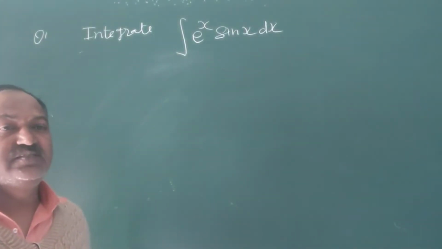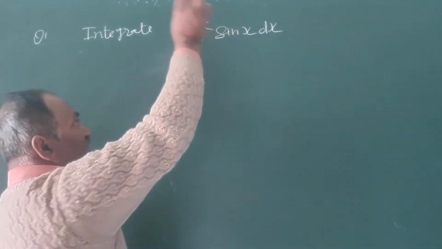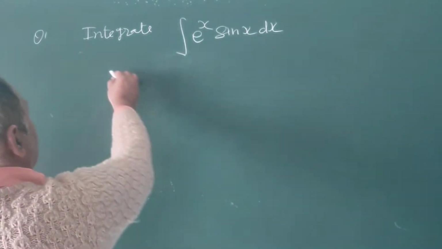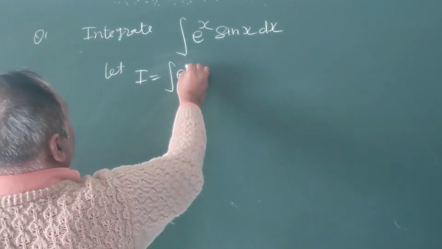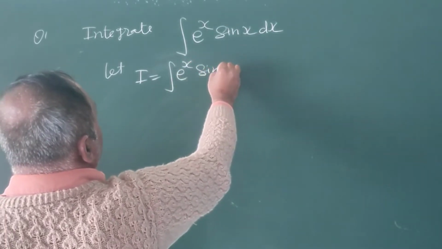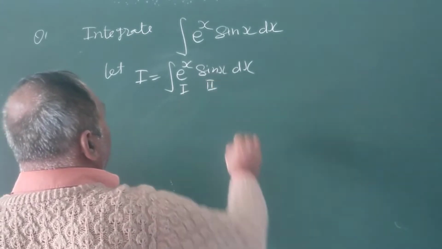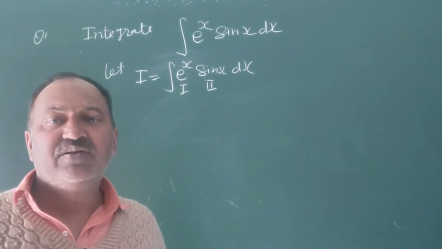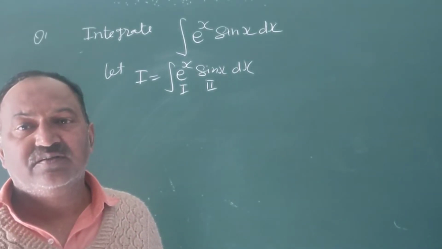Now let us discuss a very important question, integration of e raised to power x into sin x dx. So let I is equal to integration of e raised to power x into sin x into dx. We can take exponential or algebraic, any one of them as the first function.